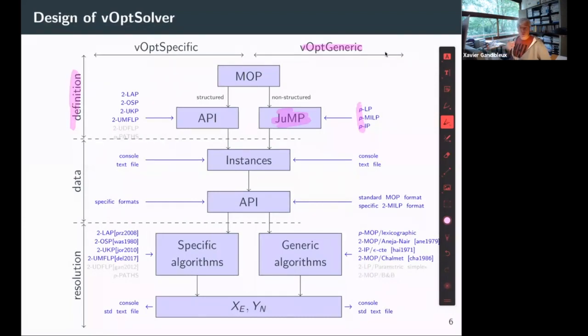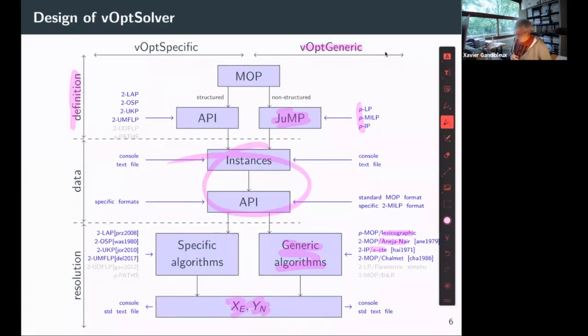Of course he has to select one generic algorithm, like epsilon constraint, and so on, plus provide the parameters corresponding to this specific algorithm. And of course he has to provide the data, and vOpt generic returns a complete set of efficient solutions and the corresponding set of non-dominated points.